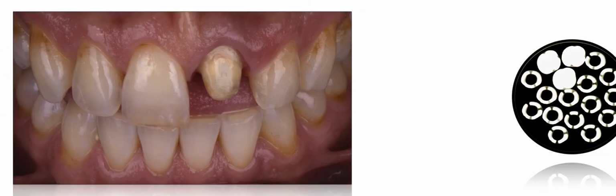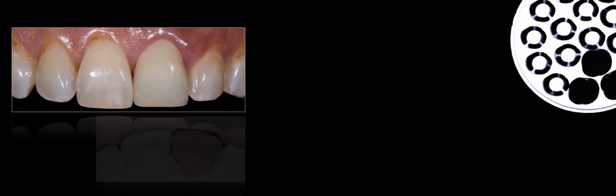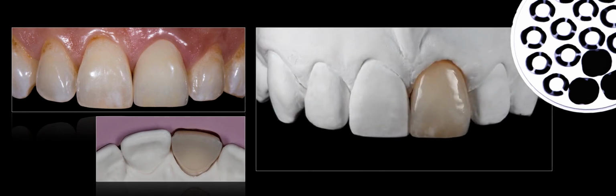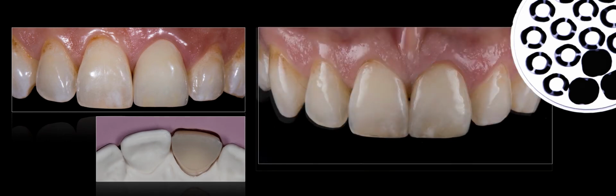The tissue is in pretty good condition, and the stump shade is fairly normal. Here, what you see is a 0.5 millimeter cutback on a multi-layer zirconia, directly characterized on the zirconia and layered with conventional ceramics, finished on the model, and intraoral.